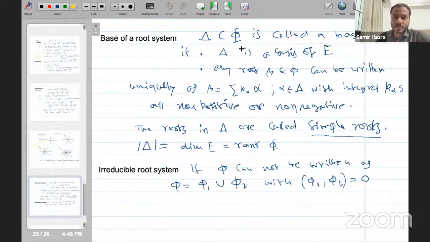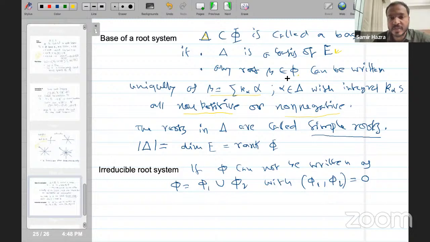So for any given root system, there are some special roots inside phi, which are called simple roots. Basically, this is a subset of phi which is also a basis of the Euclidean space, and any root beta of the root system phi can be written uniquely as an integral sum of k alpha times alpha, where alphas come from this subset, with all k alphas either non-positive or non-negative.